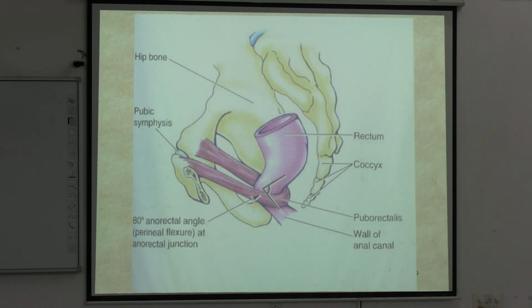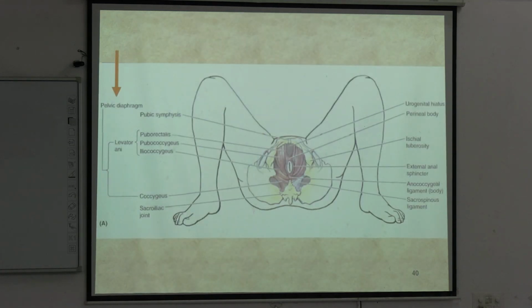Other regions where this pelvic diaphragm or these muscle fibers can be stretched or damaged. What we are seeing here is the pelvic diaphragm and these fibers present here. Normally these muscle fibers in female subjects are of no threat.